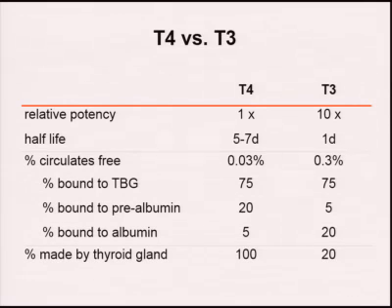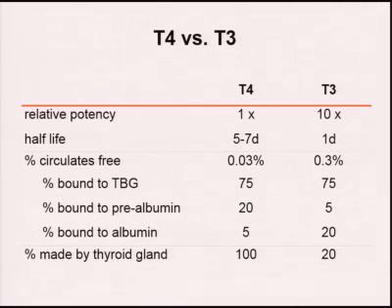They're both highly protein bound, but T4 is about tenfold more tightly bound to protein. TBG is the predominant binding partner for both hormones. Whereas 20% of T4 is bound to prealbumin, in the case of T3, 20% is bound to albumin. So prealbumin is also called transthyretin.